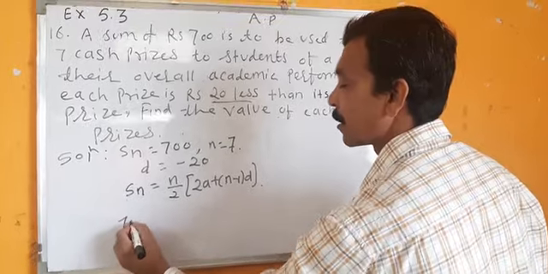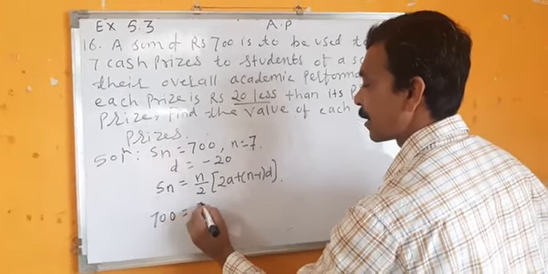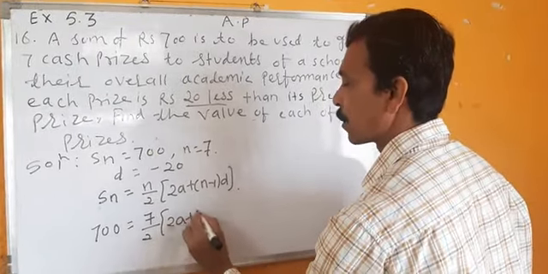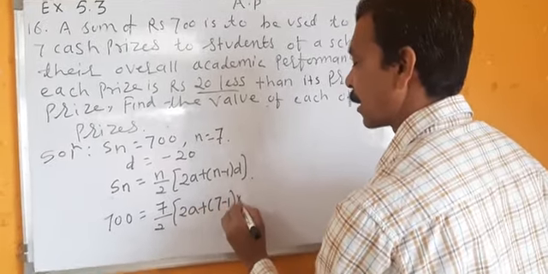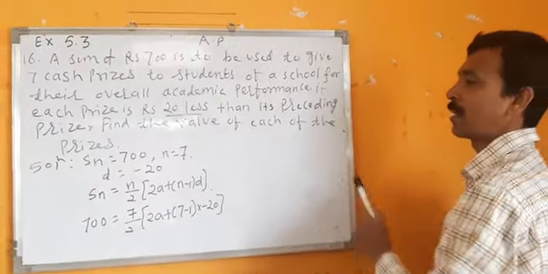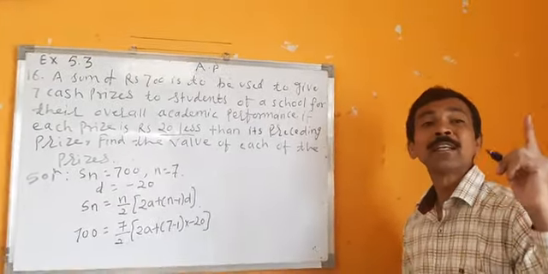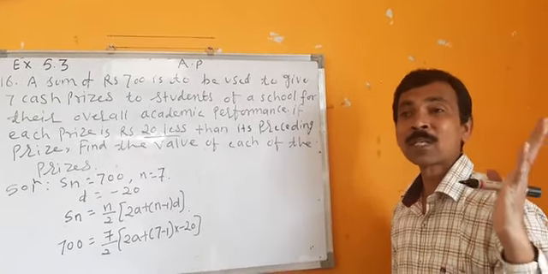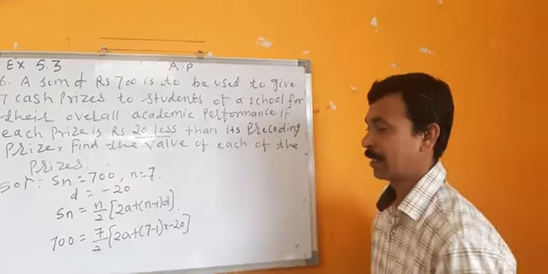Sn is given 700. n is 7 upon 2 into 2a plus 7 minus 1 into minus 20. The question is to find the value of each prize. This means you have to find a1, a2, a3, a4, a5, a6, a7, because the number of cash prizes is 7.